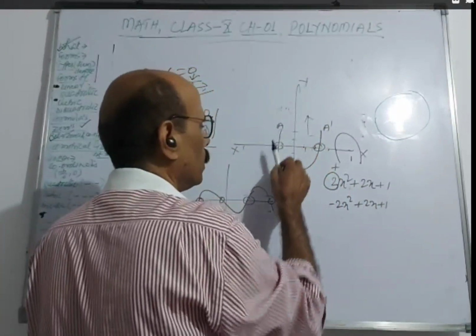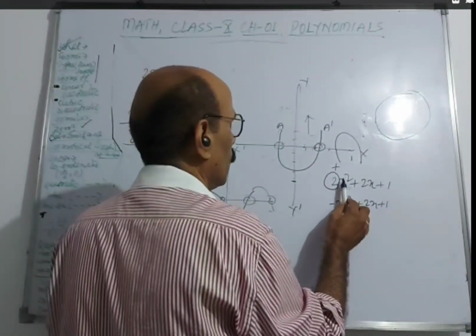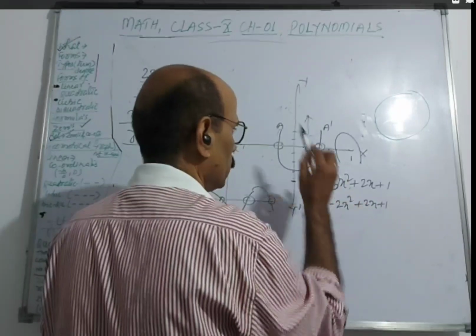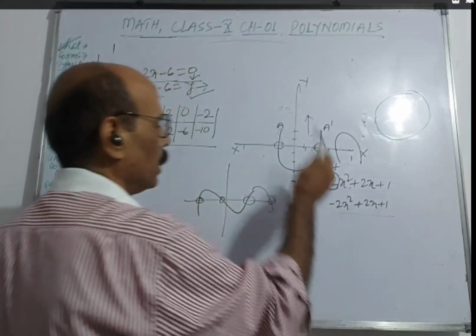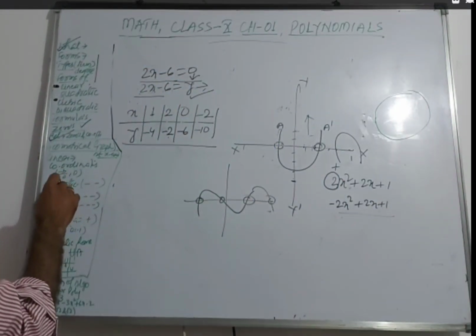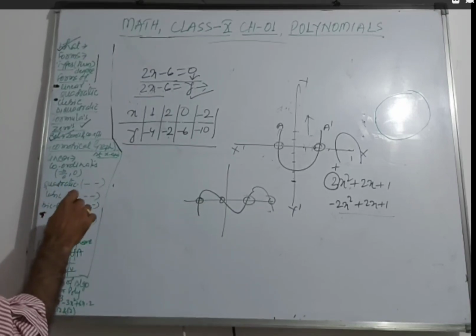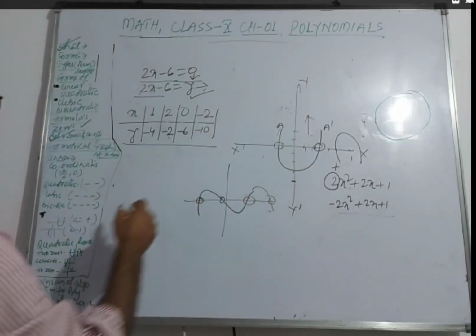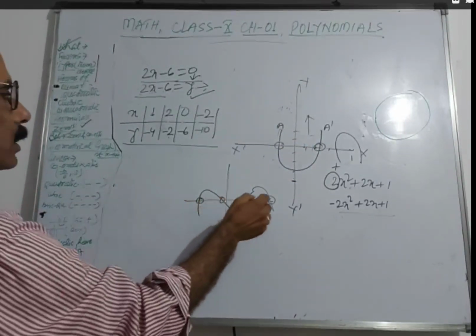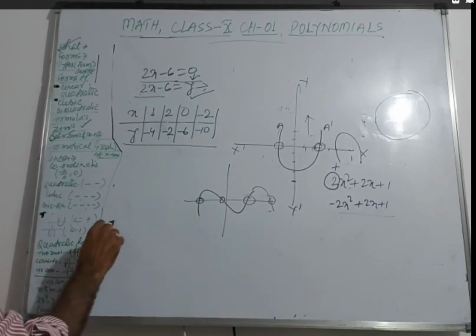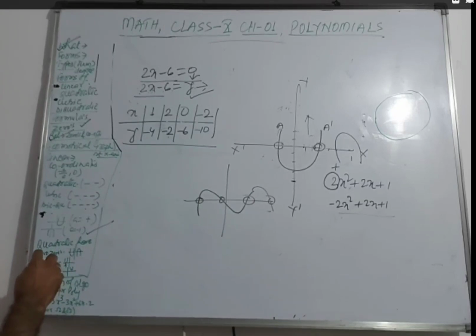Open upside means the coefficient of the highest variable is positive. Down means negative. That also you can know. Okay. Linear equations, quadratic: two answers means two places it will cut the x-axis. Cubic, three places, three answers. Biquadratic, okay, also this is quadratic, 0, 2, 0 coincides.